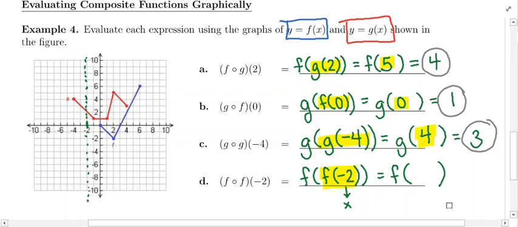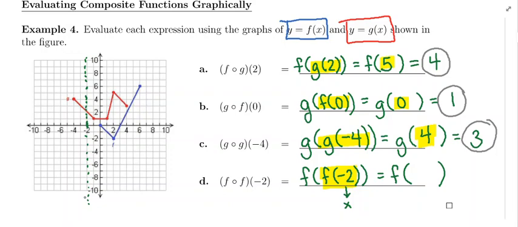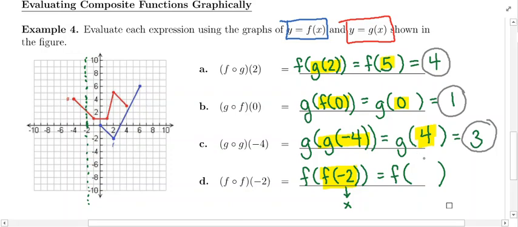If you notice, there is no output on the blue graph. There's an output on the red graph, but there's not an output on the blue graph. So what that tells us is f of negative 2 is undefined. I'm just going to write this in here: f of undefined.